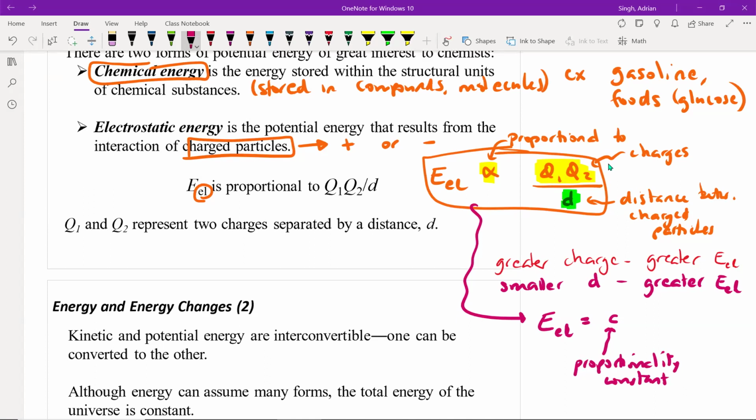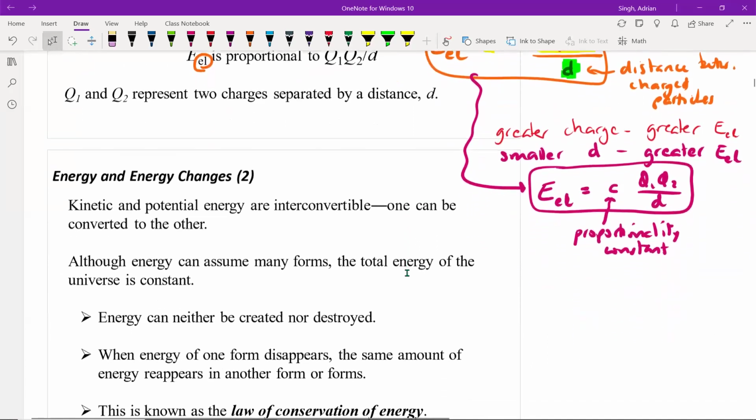So C times Q1 times Q2 over D. Either way, the relationship still holds true that we talked about previously: E is proportional to the charges and inversely proportional to the distance between those charges.